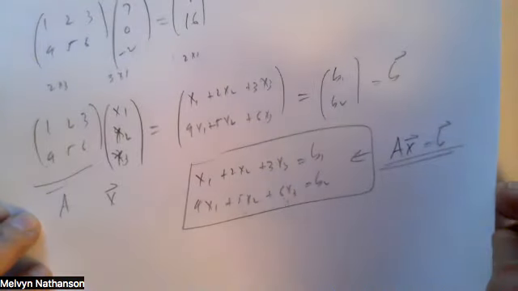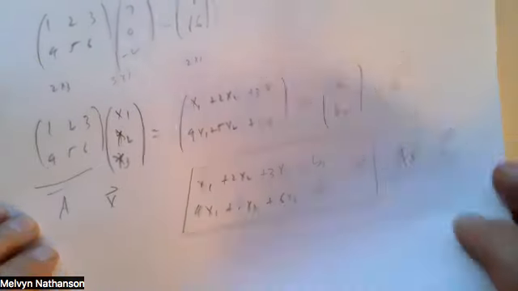So what is the general system of m equations in n unknowns?